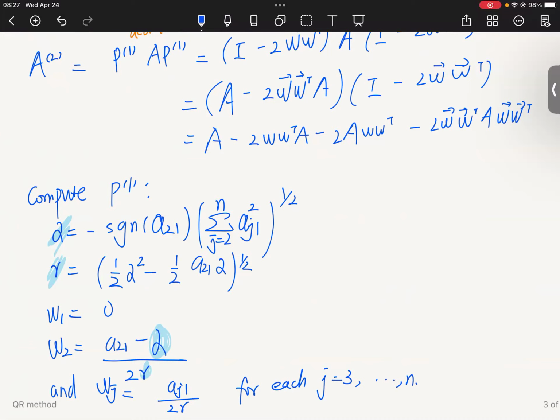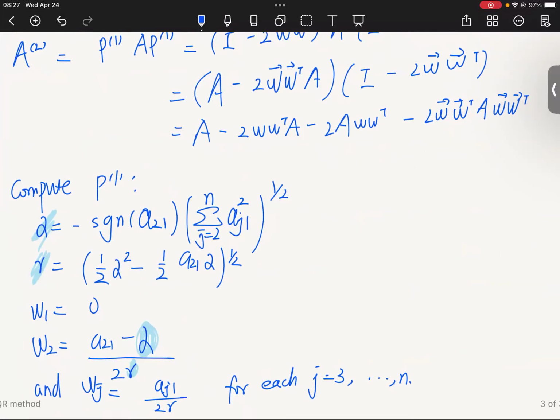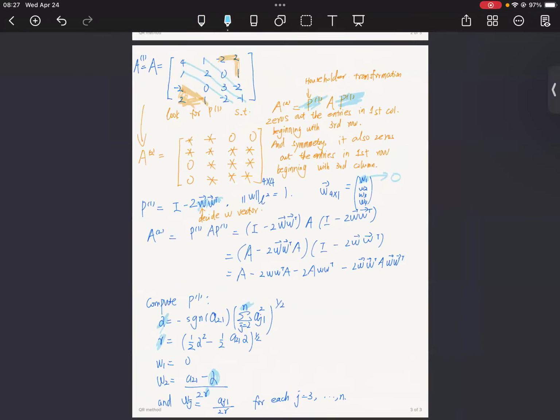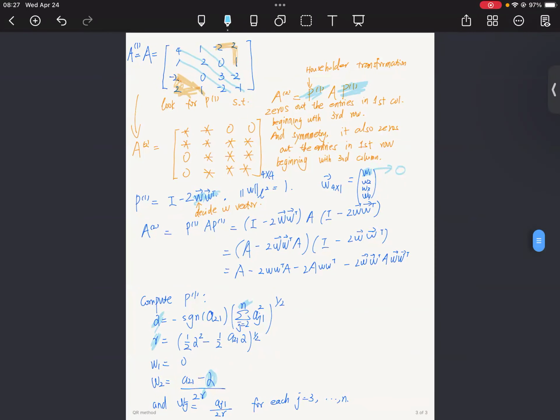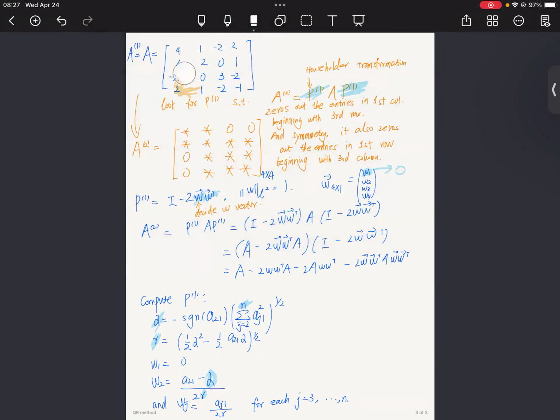And let's calculate what we have here for P1. For P1, we just have a 4x4 matrix, so the N dimension here is just 4. We have the sign of A21. Let me erase all the highlighter here to make things clear.